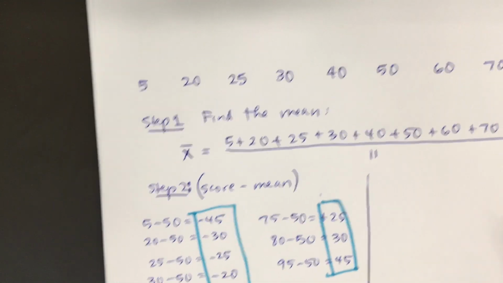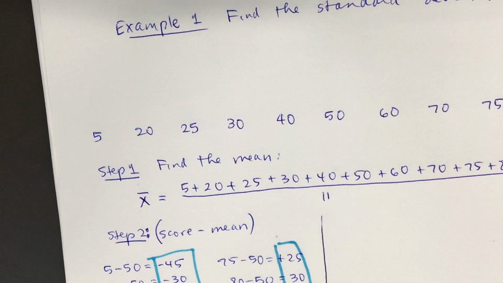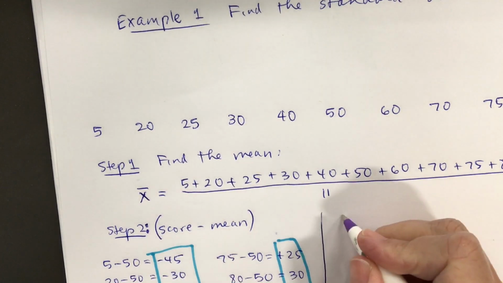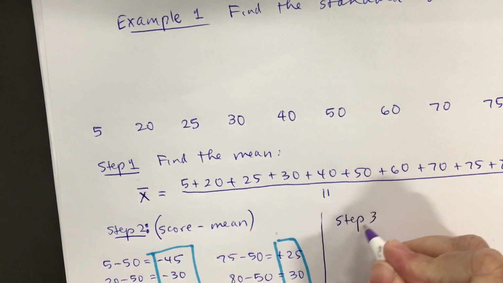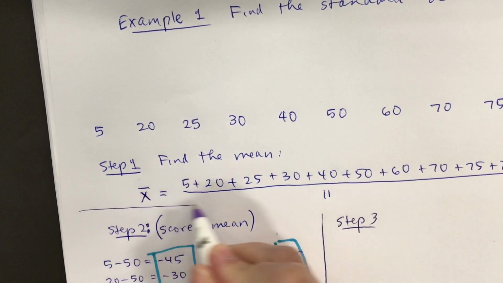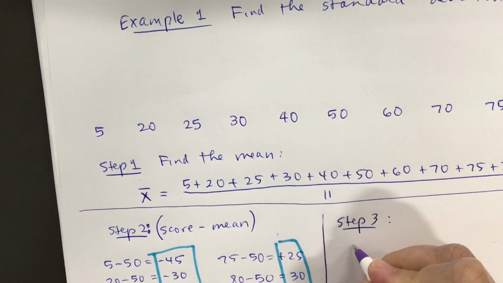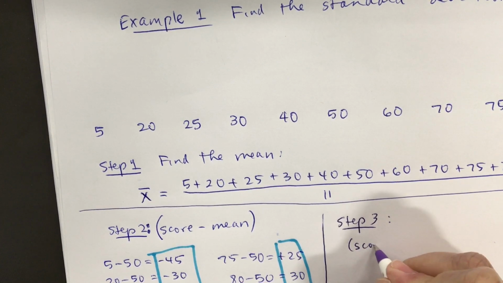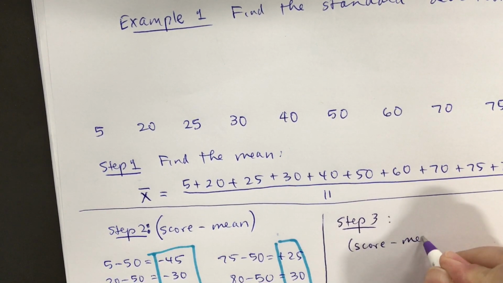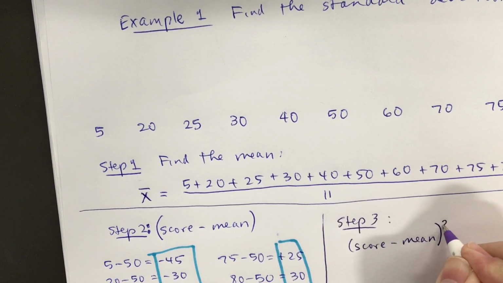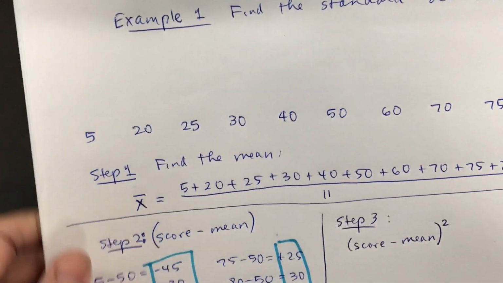Step number 3 is to take the numbers from step 2 and square them. So I will write step 3. I will do score minus the mean, that's in parentheses, a square on the outside.